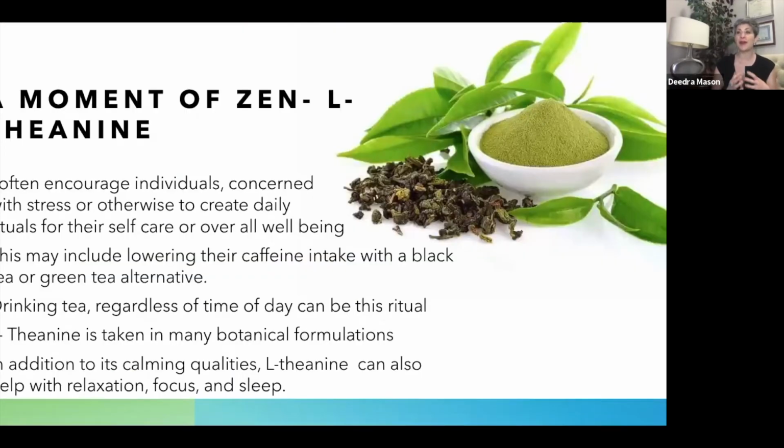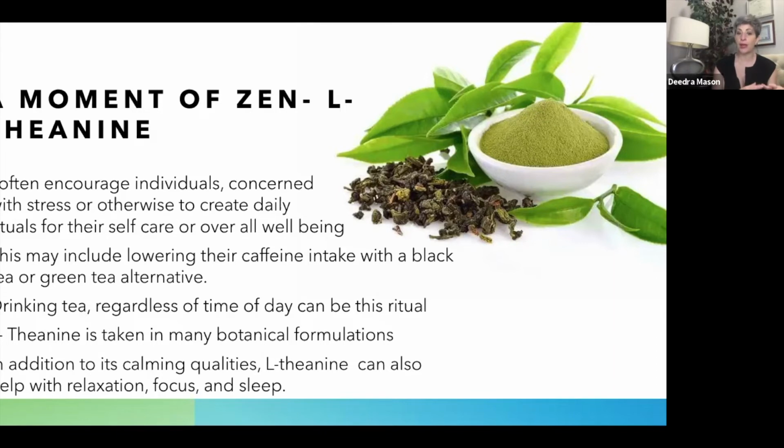We also need to take a moment and think about green tea, which is the type of tea that you're going to get the most L-theanine from. Now, you're going to get 200 milligrams of L-theanine in both of these products, but I want you to know that there are other places to get L-theanine, especially if you've got someone that's under a lot of stress. One of my favorite adaptogens is L-theanine, and part of the reason for that is what it also does for brain health, being an amino acid.